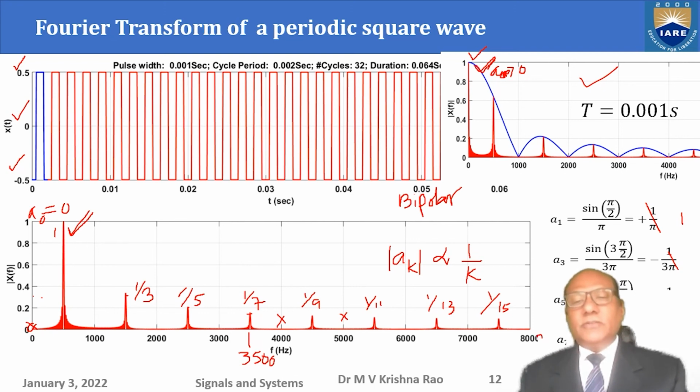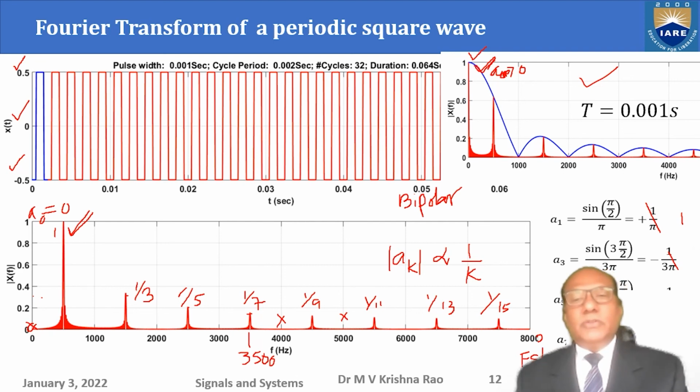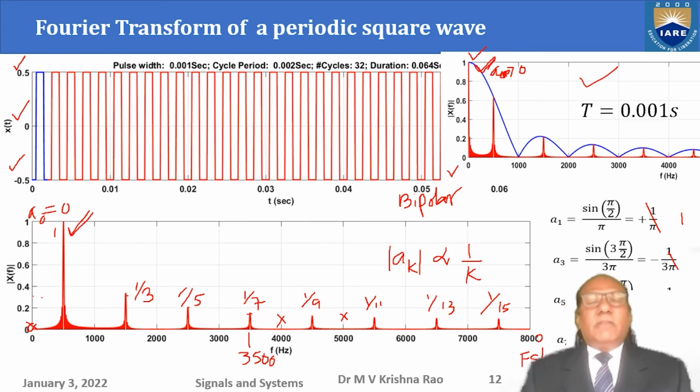Why this 8000 here? This is nothing but because in my simulations, though the curves appear smooth because of graphics, these are all discrete things. In fact, this square wave is a discrete square wave, and I have generated the square wave values at discrete samples of time. So it is a discrete time signal basically, because it is not possible to simulate continuous time signals on a digital computer.